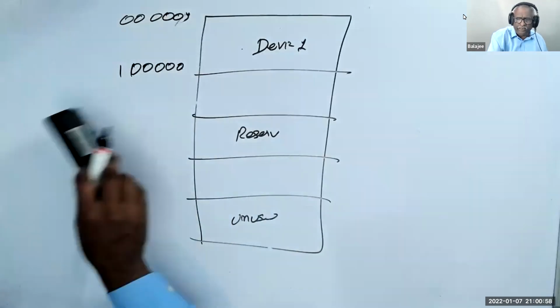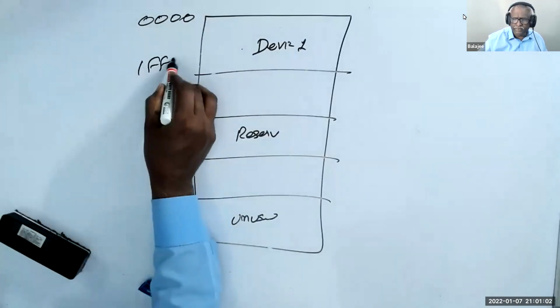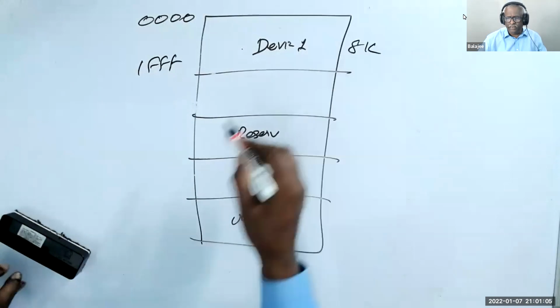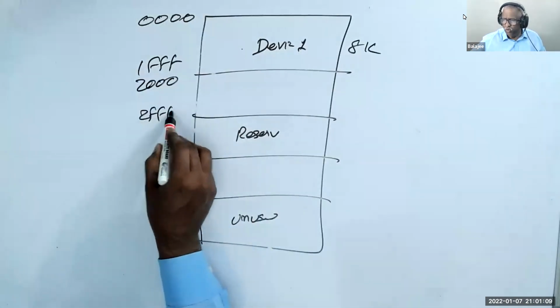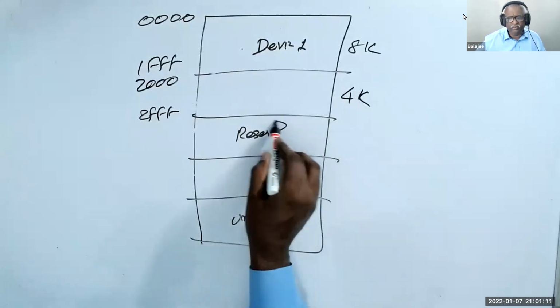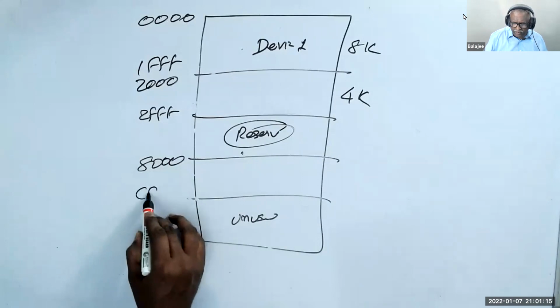Let us assume in hexadecimal it is 0002 1FF, that's called 8K. Then this one is 2002 2FFF, 4K. This is all reserved. This one is 8002 to CFF BFF.